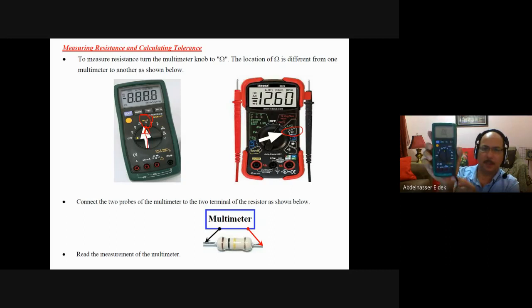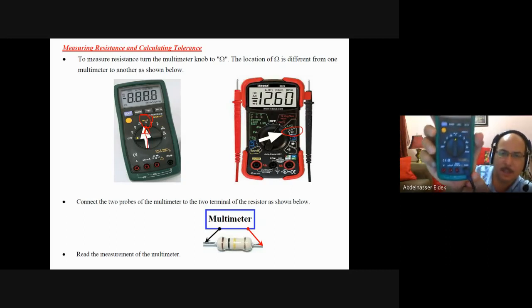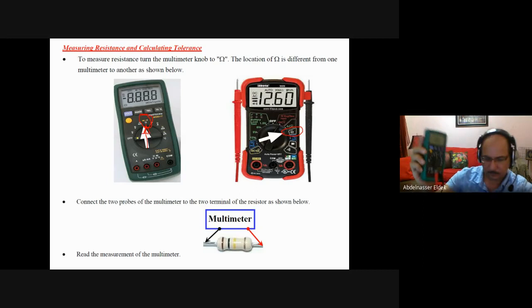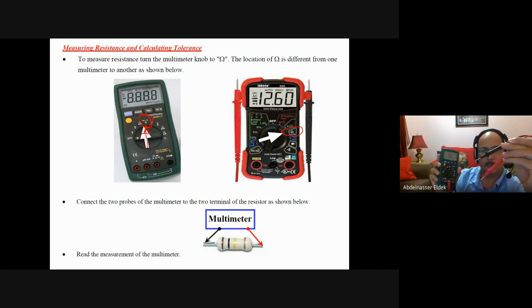So for example, this is a common, and we try to find the other place for the probe that has ohm, which is the second one, this one here. Then we need to connect the red to this one here. Then now if we want to measure resistance, we connect the resistance between these terminals.